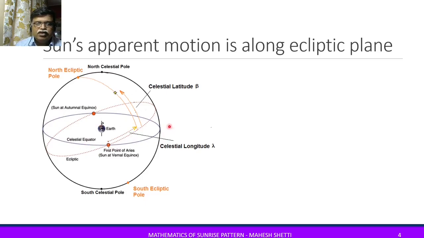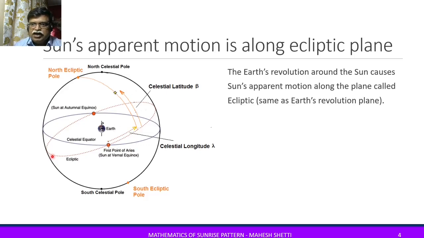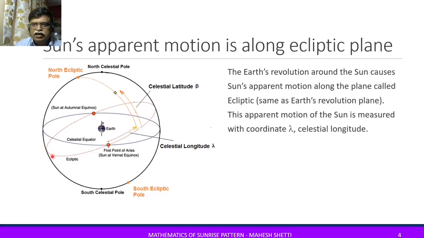So this plane is called the equatorial plane, and the revolution plane of the Earth, as seen from Earth, apparently the sun will be revolving, so that plane is called the ecliptic, and it is shown here with this particular dotted circle.